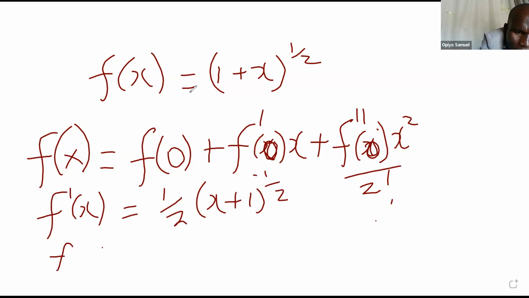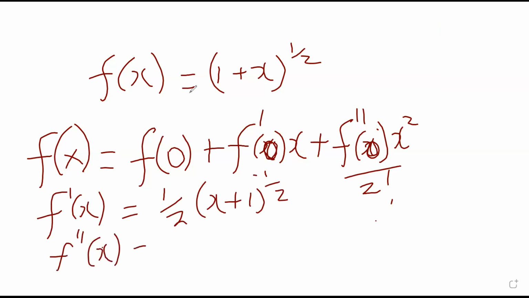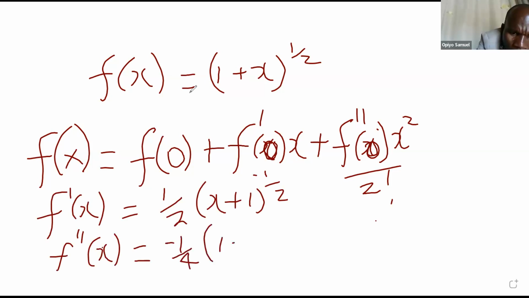Meaning the second derivative now is going to be negative 1 out of 4 into 1 plus x to the power, when we take away 1 from here, negative 3 out of 2.